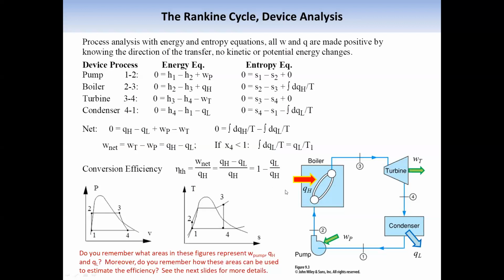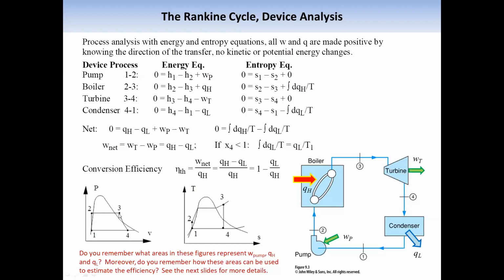Now, if we look at the diagram, the states on the PV diagram can be drawn like this. From state 1 to 2, it's a vertical line up. State 2 to 3 is a constant pressure line.